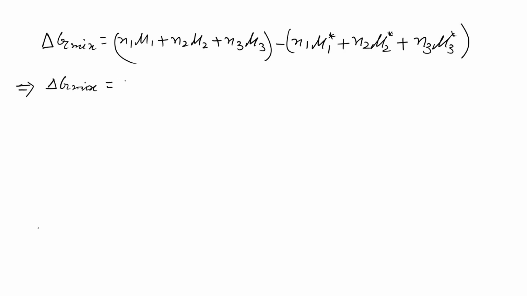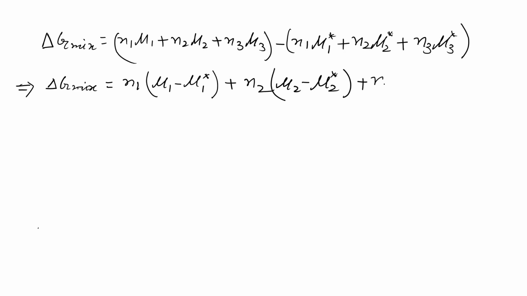is equal to, if I take N1, then mu1 minus mu1 star, plus, if I take N2 common, because N1 mu1 star, N2 mu2 star, then it is mu2 minus mu2 star, plus N3, then mu3 minus mu3 star, right?